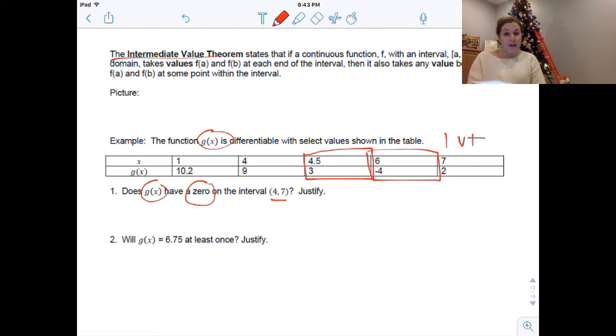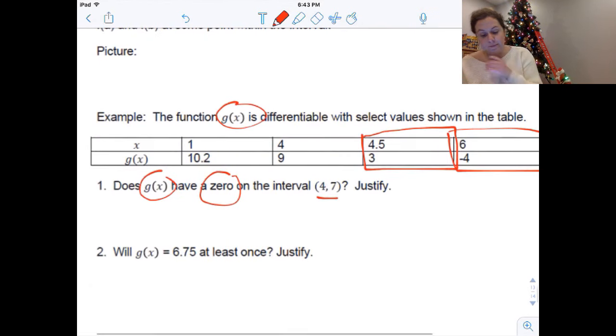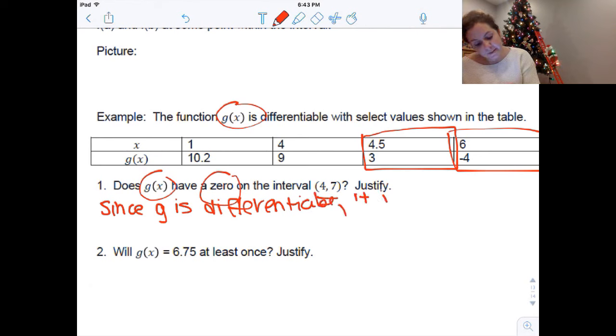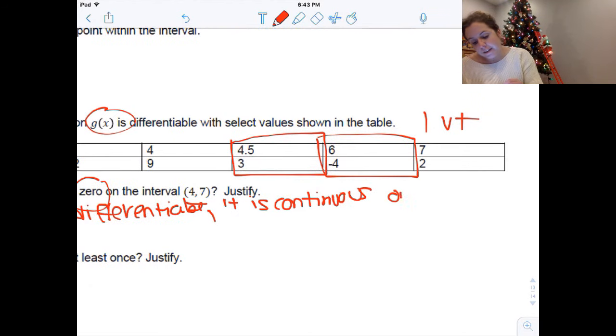So here's what I would say. Since G is differentiable, it is continuous. Since they didn't tell me it was continuous in the question, I'm stating that. On the closed interval, so I would say the closed interval I'm using, 4.5 to 6.